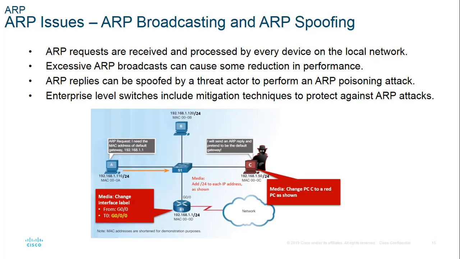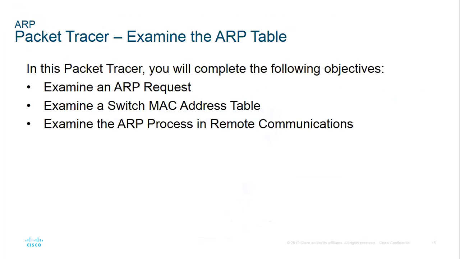It can also be used by a hacker to slow down the performance of the network. The ARP reply can also be spoofed by a threat actor to generate an ARP poisoning attack. So on enterprise-level switches, you, as an administrator, need to include mitigation techniques to protect against ARP attacks. In this lab, you will be examining the ARP table.